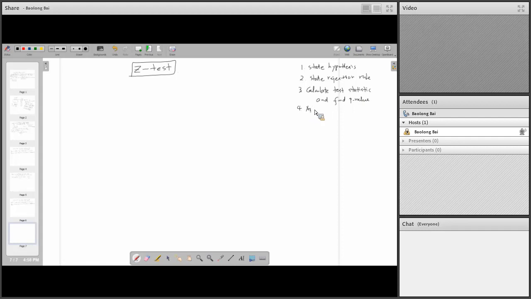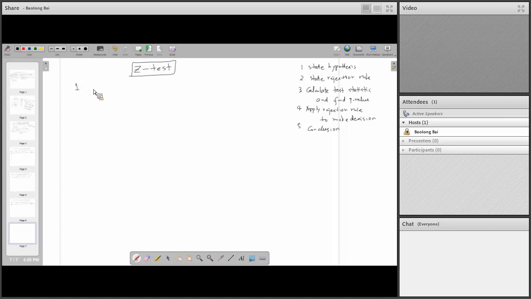Step 4, apply the rejection rule to make decisions. And the last step, step 5, you need to interpret the result. You need to write a conclusion. Okay?